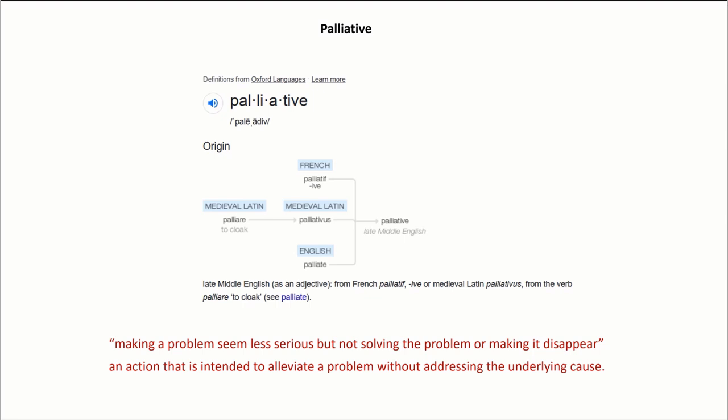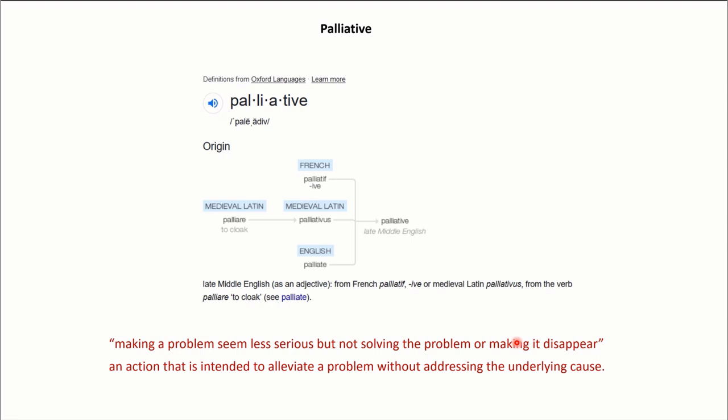It essentially means to make a problem seem less serious, but not solving the problem or making it disappear. So essentially just mitigating the enormity of the problem, but not causing the problem to be solved or disappear altogether. It's an action that is intended to alleviate a problem without addressing the underlying cause, right?